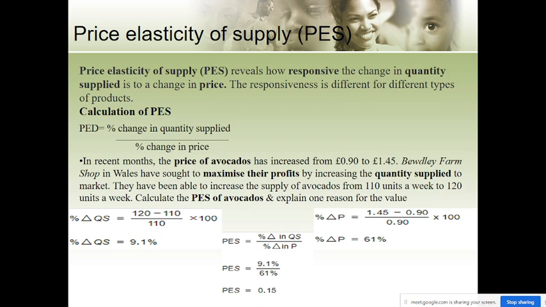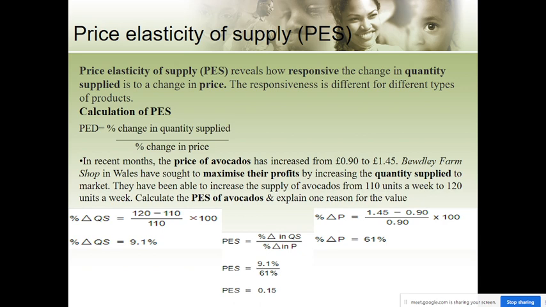Now let's take an example. In recent months, the price of avocados has increased from 0.90 to 1.45. Okay, so they want to maximize their profit by increasing the quantity supplied to the market, and they have been able to increase the supply of that particular product from 110 units a week to 120 units.